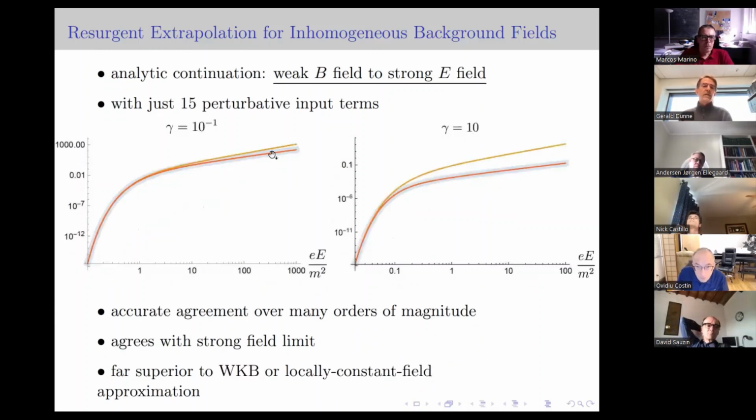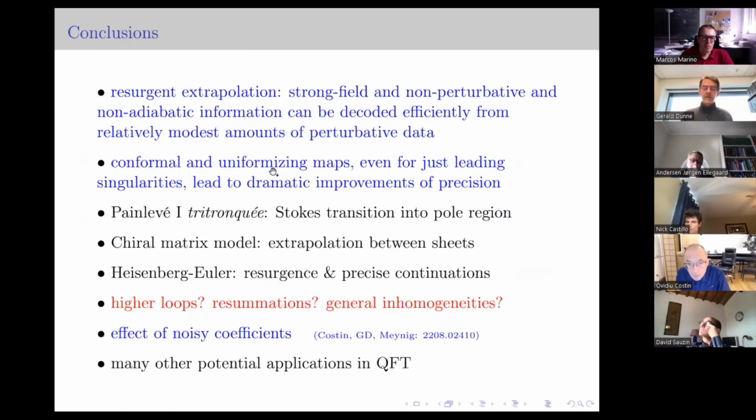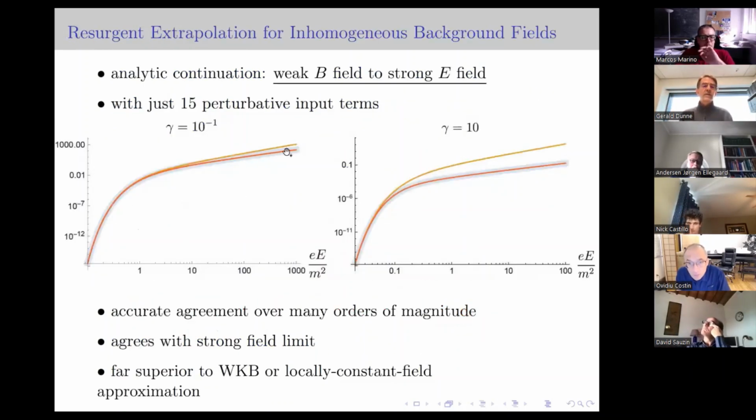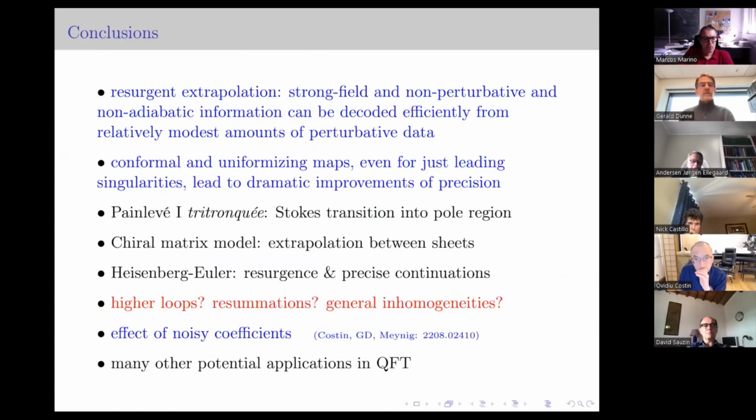And in the electric field case, looking at the imaginary part of the effective action, this exponentially suppressed term, we see that the red line, which is the extrapolation, follows the exact answer very accurately. And the orange curve is the WKB approximation, which fails quite badly for very inhomogeneous fields. Sorry, that was a bit rushed.